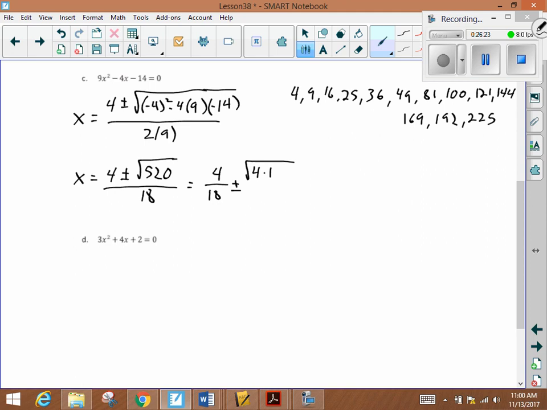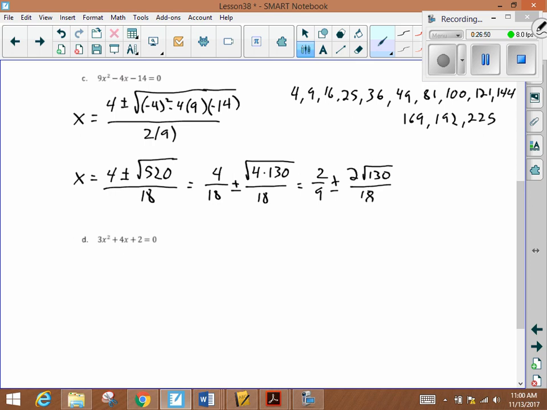All right. So we're going to rewrite this then as 4 times 130. So 4/18ths, that's going to be 2/9ths, plus or minus. And now this 4 comes out. What's the square root of 4? 2, and the 2 comes out to the front. Is that ringing a bell now?